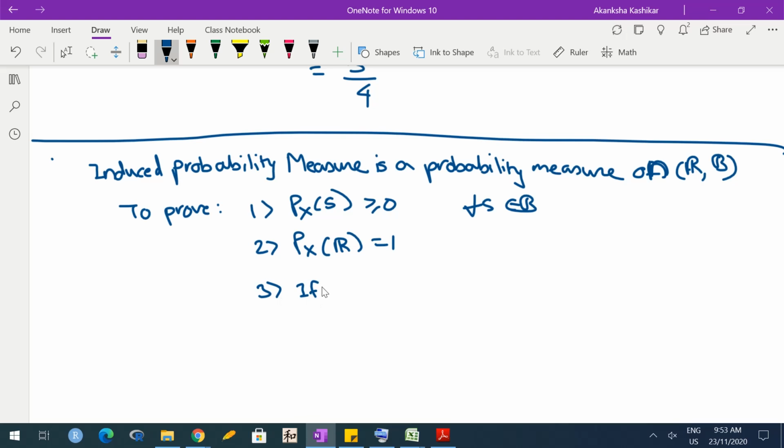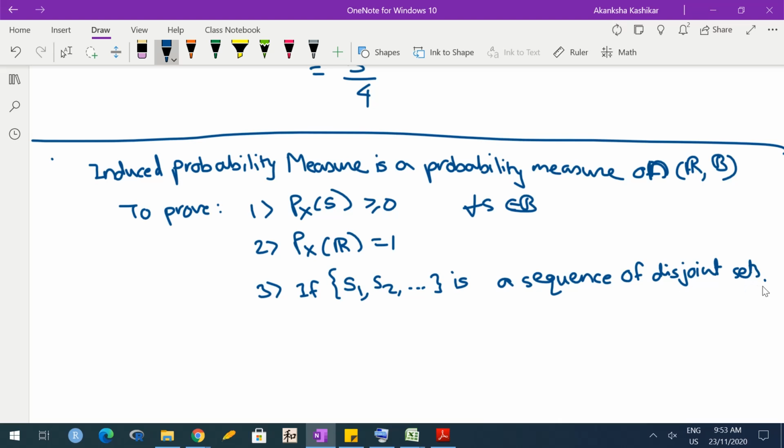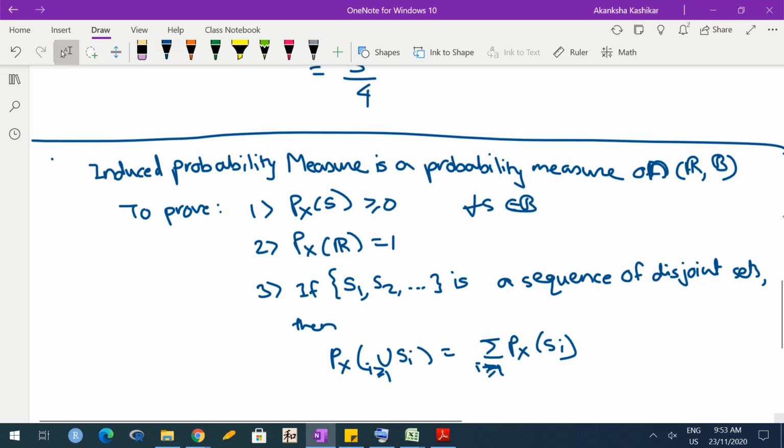And the third is if S1, S2, ... is a sequence of disjoint sets, then Px of union Si is the same as the sum over Px(Si), for i greater than or equal to 1. This is the third thing we need to prove. It can be a countable union. Is it clear what all we need to prove?